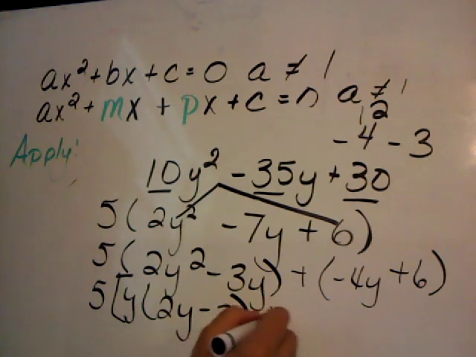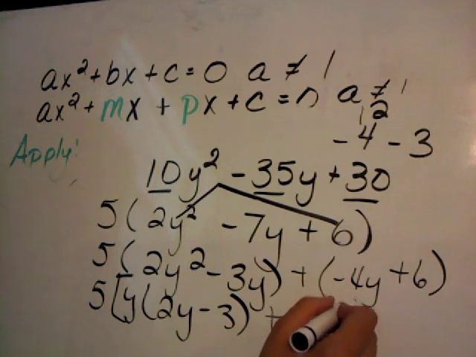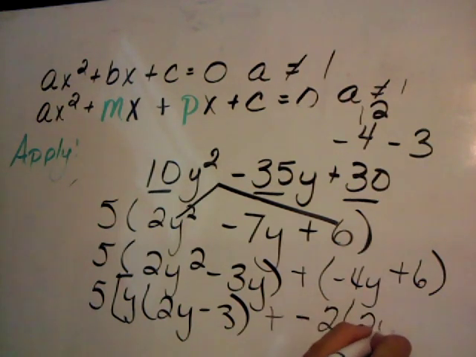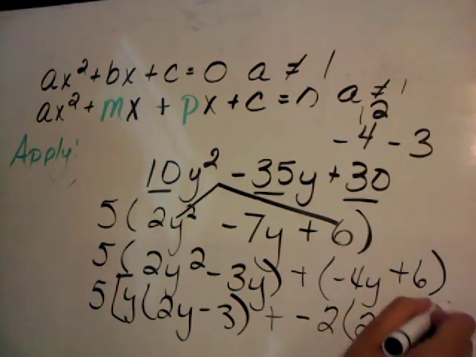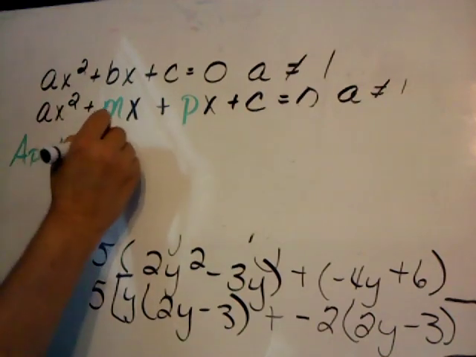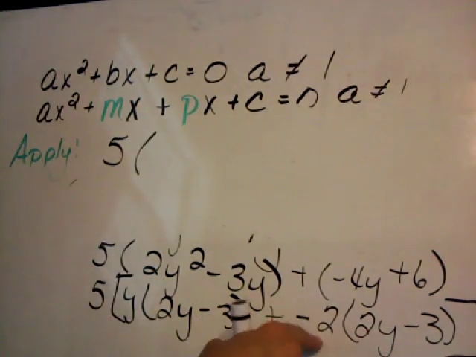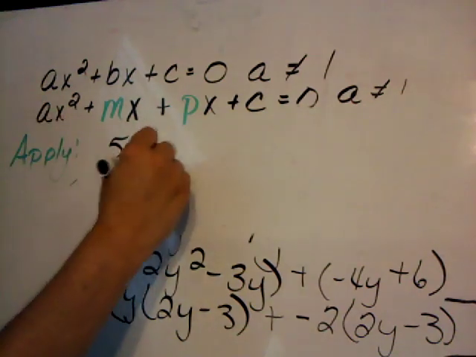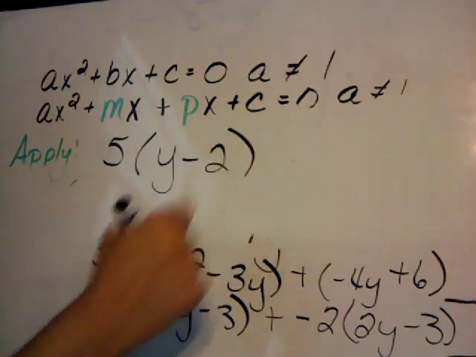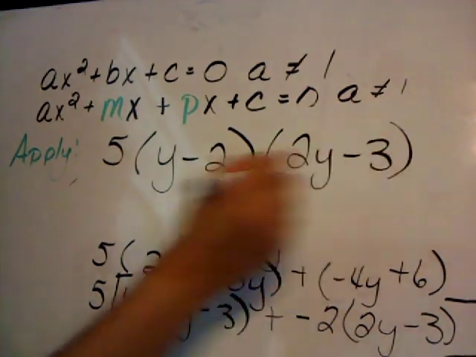And then here, I'm going to pull out a negative 2, which would leave me with 2y minus 3. And then ultimately, that is going to give me 5 times y minus 2 times 2y minus 3.